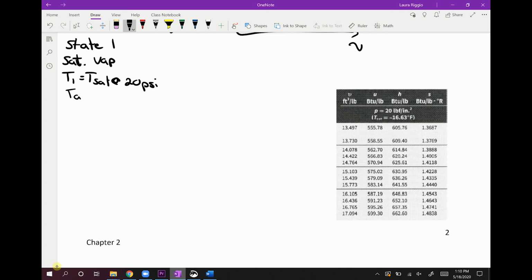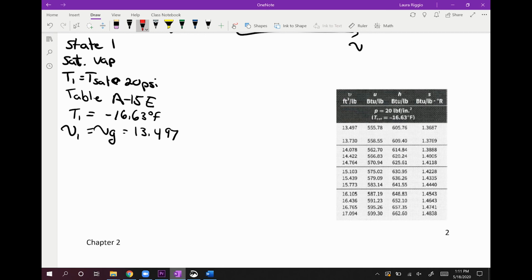If I go to table A15E, because there are tables for various substances, I'm going to find that T1 is equal to minus 13.63 degrees Fahrenheit, and v1 is equal to vg, which is equal to 13.497.